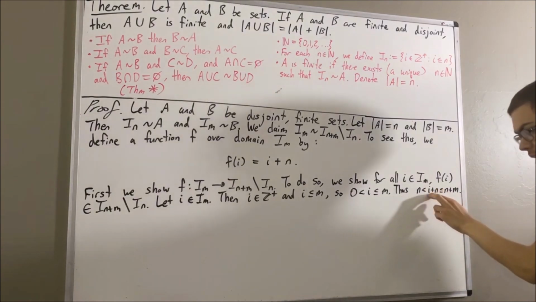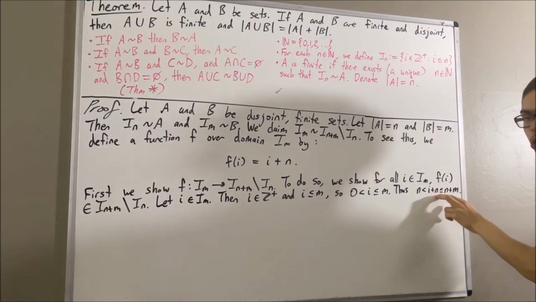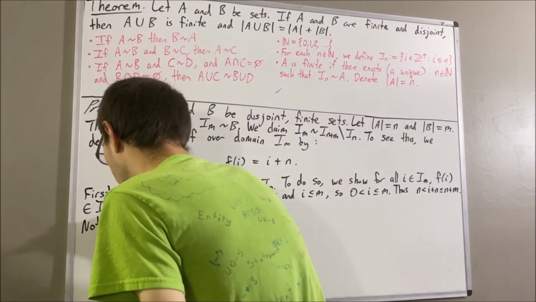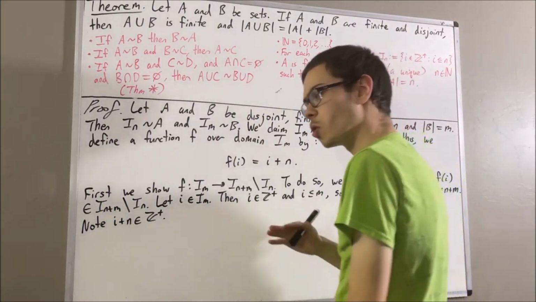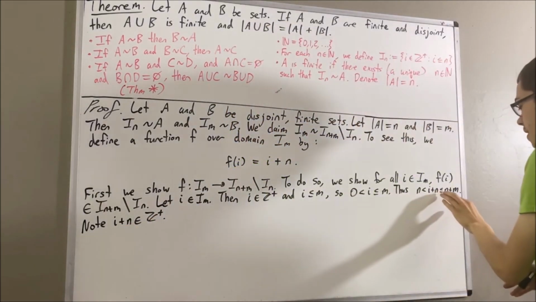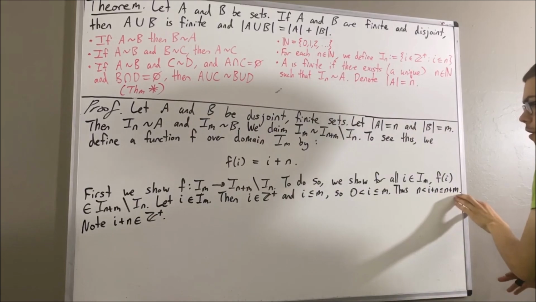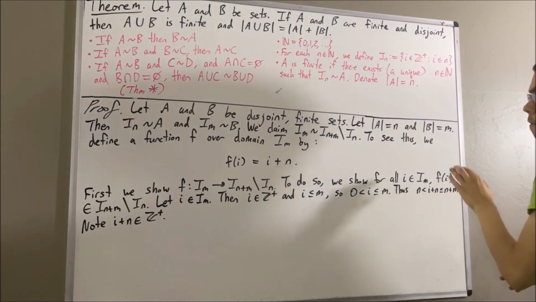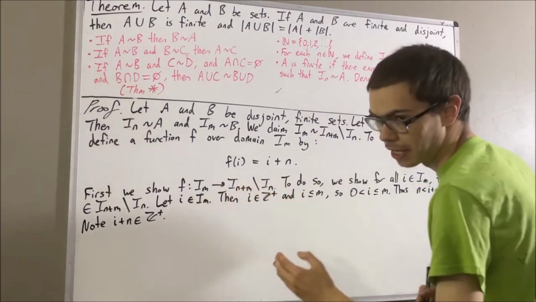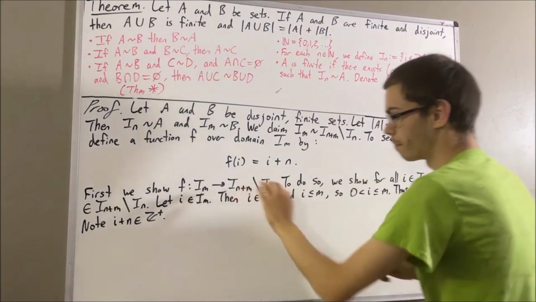Now, since I is a positive integer and n is a natural number, surely I plus n is a positive integer. So since I plus n is a positive integer, and I plus n is less than or equal to n plus n, it follows by definition of In plus n that I plus n is an element of In plus n.